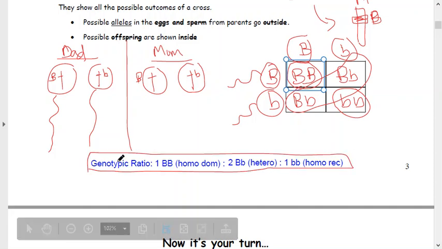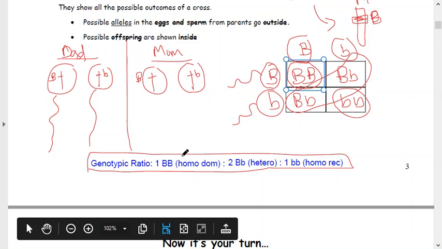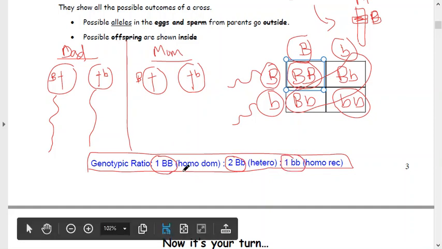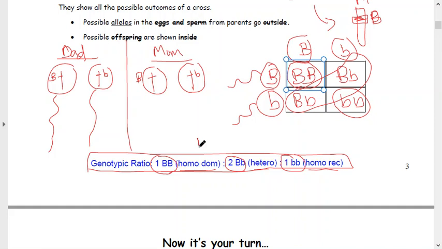This is the full ratio. For the future, you can just write 1 capital here, 2. You can just write what I'm circling. You don't have to actually say homozygous dominant, heterozygous, or homozygous recessive. One thing that you should not do is just write the numbers unless I'm asking just for the numbers.